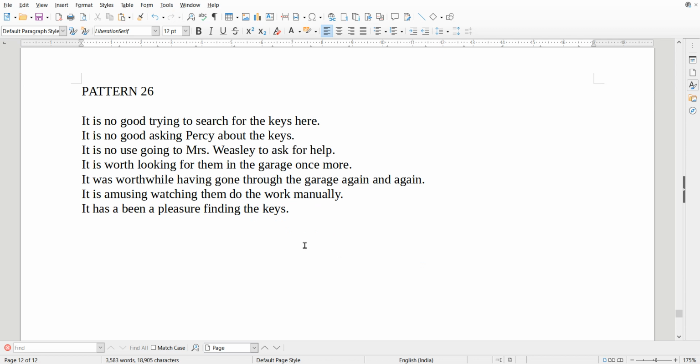So the structure is it plus be plus subject complement, because be will take a subject complement, plus gerundial phrase, GP, right?